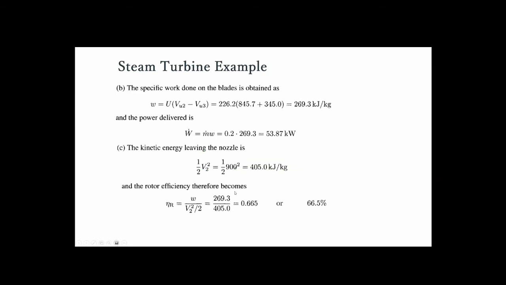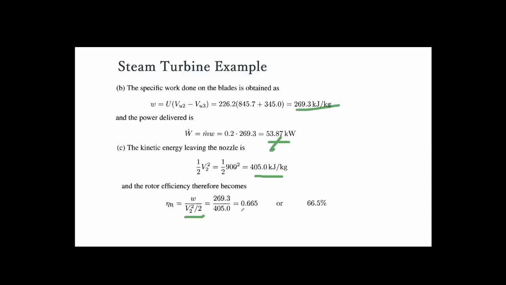And the rotor efficiency therefore becomes the specific work over the kinetic energy leaving the nozzle, which values we have just calculated here and here. I'm sorry, not here, here.